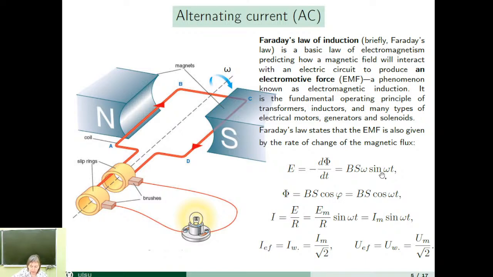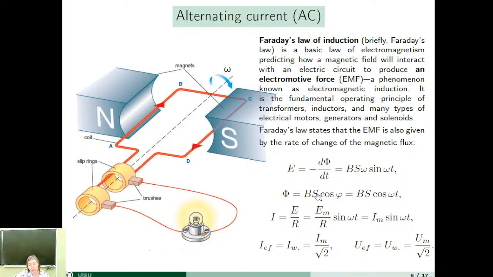Hence, if the conducting contour rotates in a uniform magnetic field, a variable EMF arises in it, changing under the law of sin at regular intervals. This electromotive force creates a sine wave alternating current in the contour.